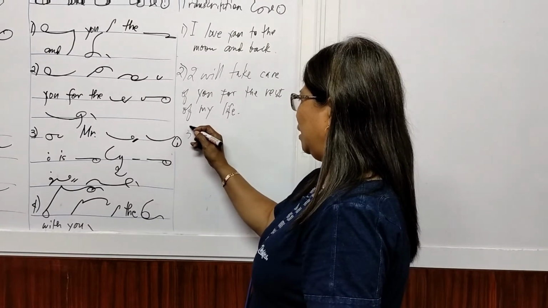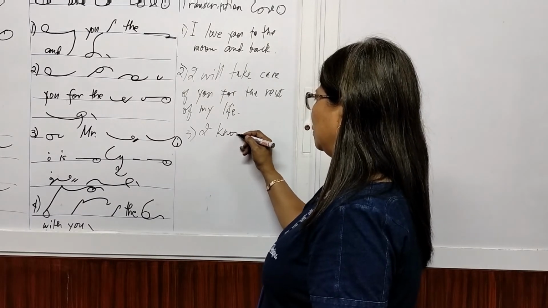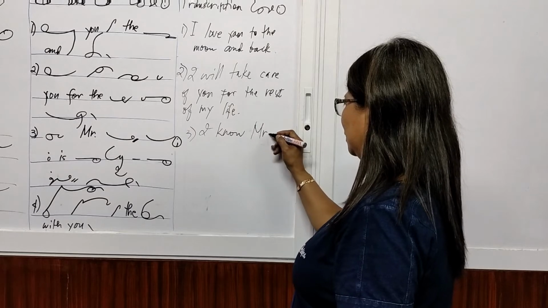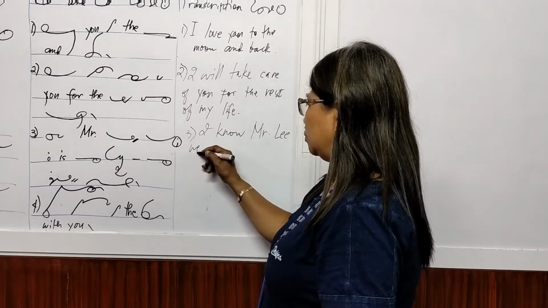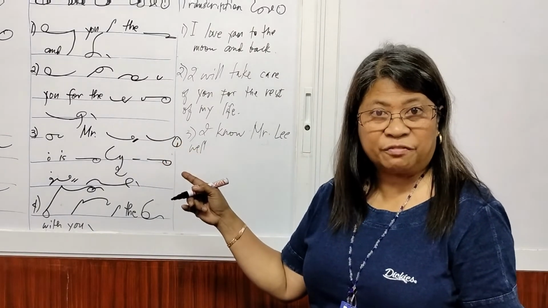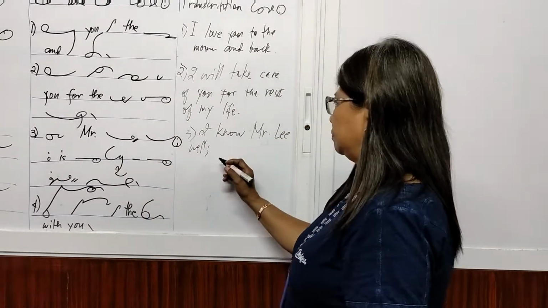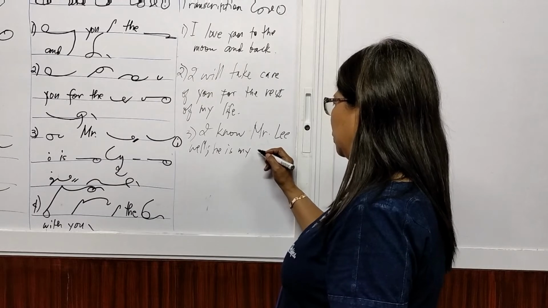And then number 3, I know. So, I-N-O. I know Mr. Lee well. So, although this could also be will, but is the sentence correct if you're going to make use of the word will? Of course it's not. So, you make use of when. He is my professor.